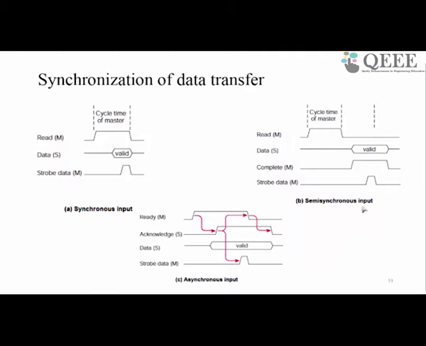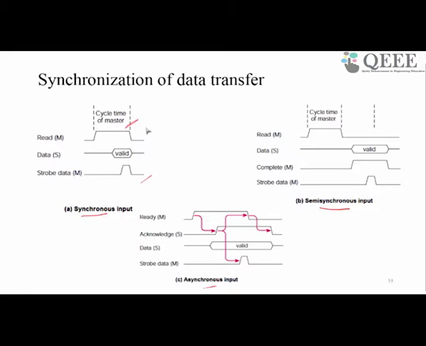Then the transfer can be of three types: synchronous, semi-synchronous or asynchronous. In the synchronous one, it is controlled by the processor or master, and it happens in synchronization with the master's clock.